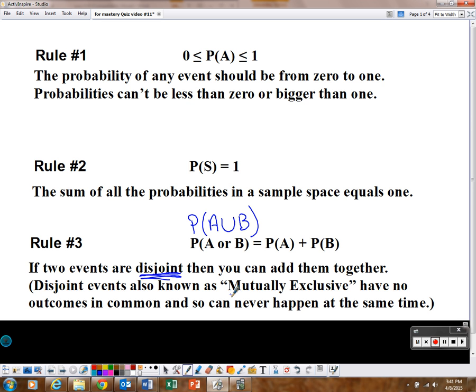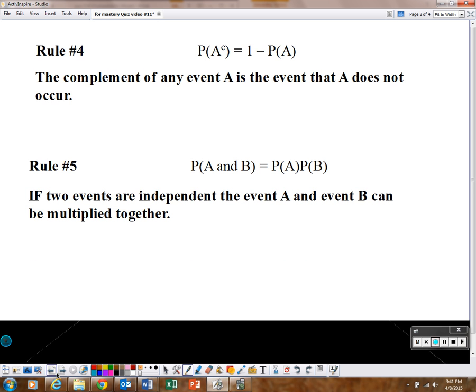Disjoint is also known as mutually exclusive. They have no outcomes in common and so can never happen at the same time. For example, if you flip a coin, you cannot have it land on heads and on tails at the same time. Those are mutually exclusive.